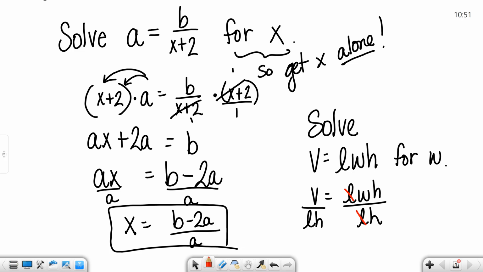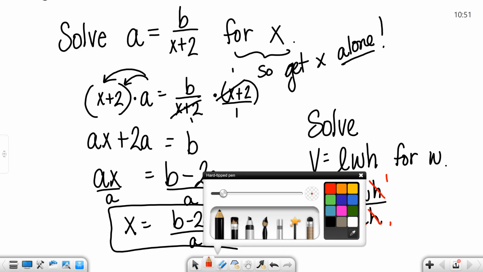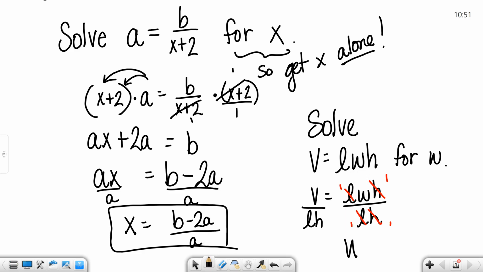Okay, so that divides out and gives me 1. These divide and give me 1, which means I'm left with W on the right-hand side all by itself. V divided by LH would be my W.